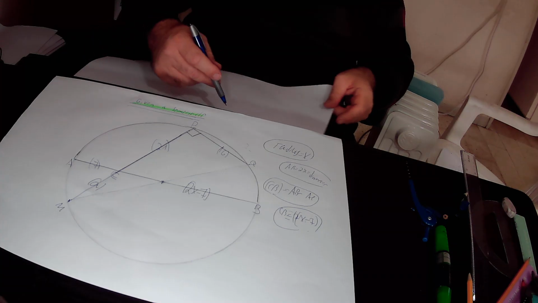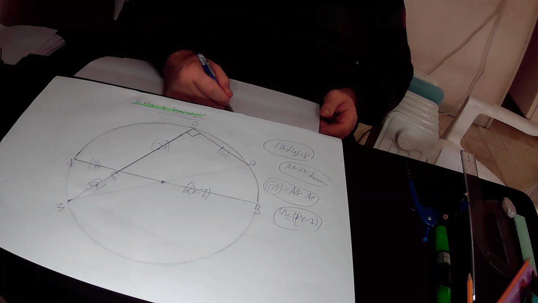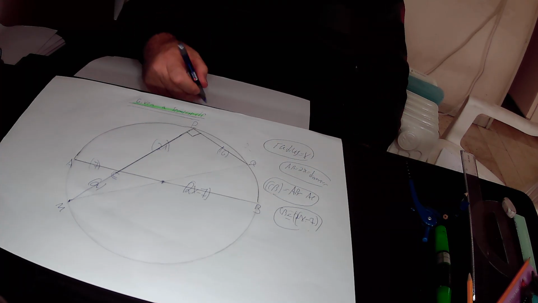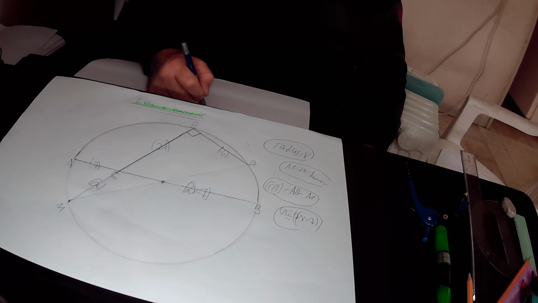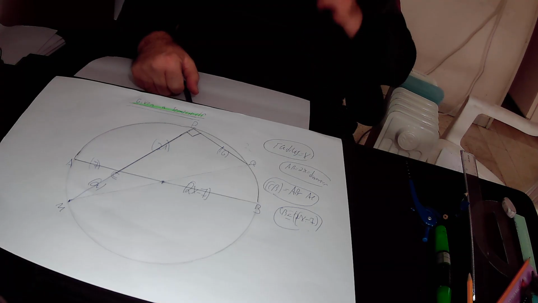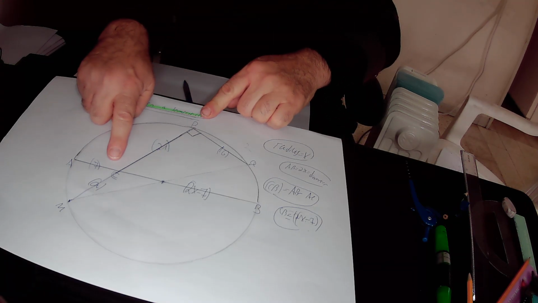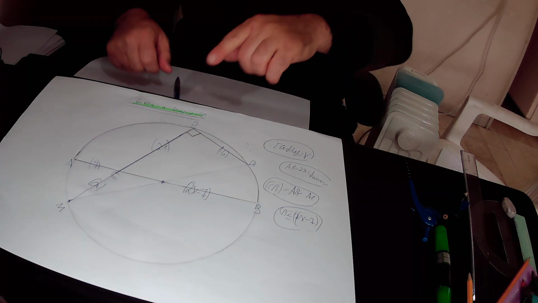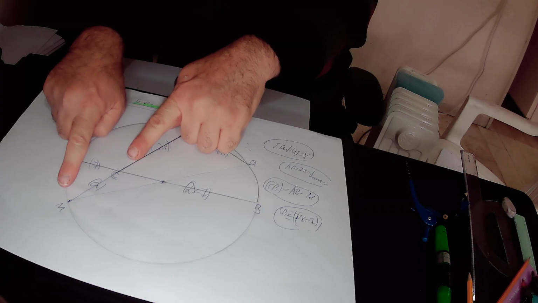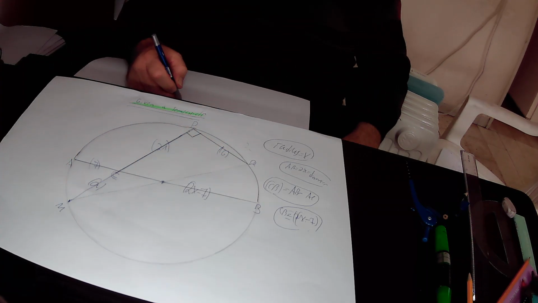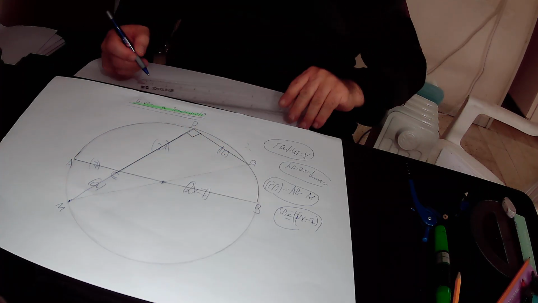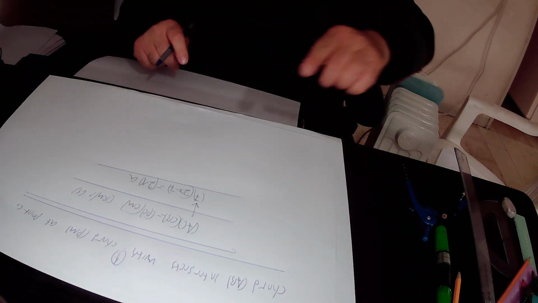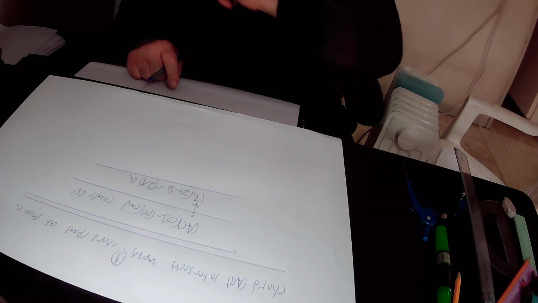AC is 7 times CB, CB is 2x minus 7, and it equals PC, PC is 21, times CM, CM is A. So in total, according to rule 65, 7 times 2x minus 7 equals 21A.